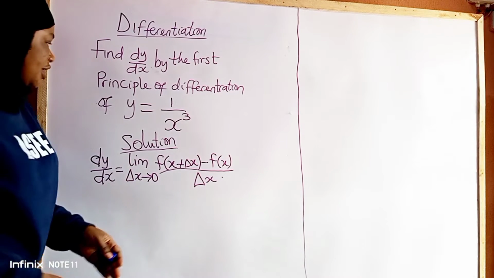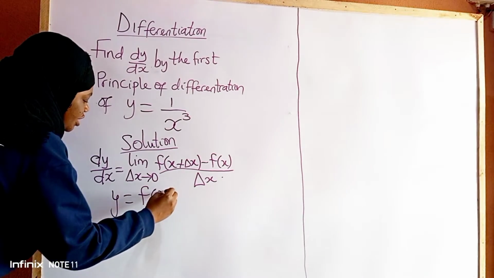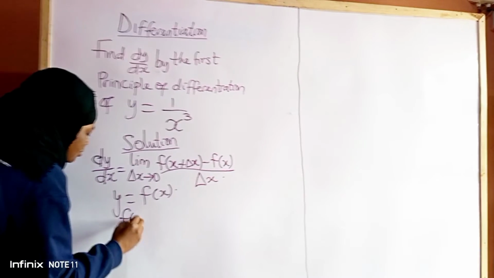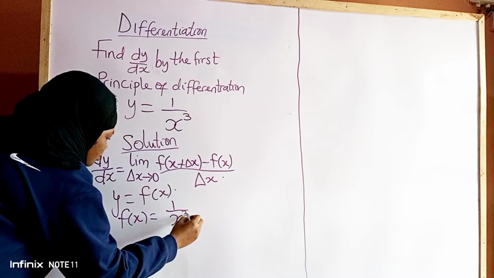Now, what is f of x? This y is the same thing as our f of x. So from this question, f of x is equal to 1 over x cubed.